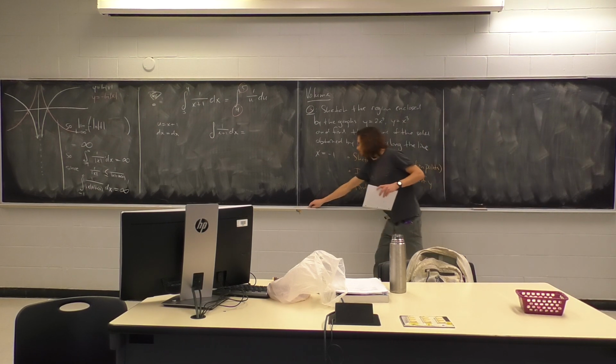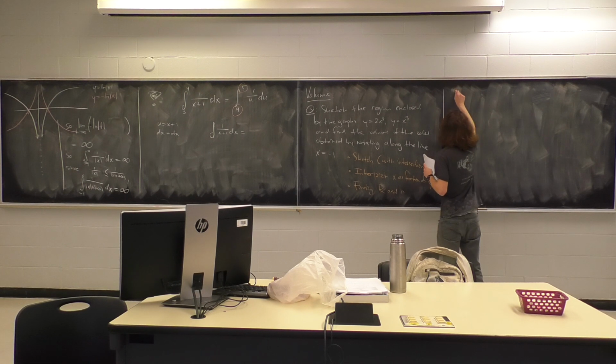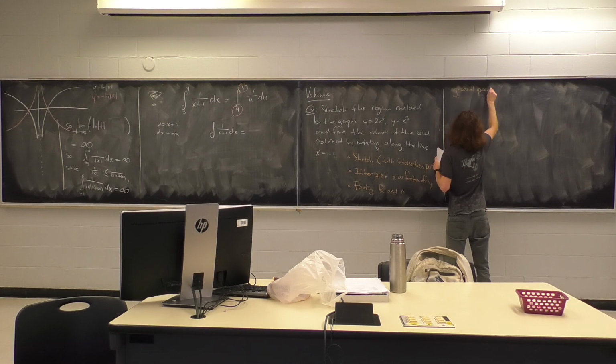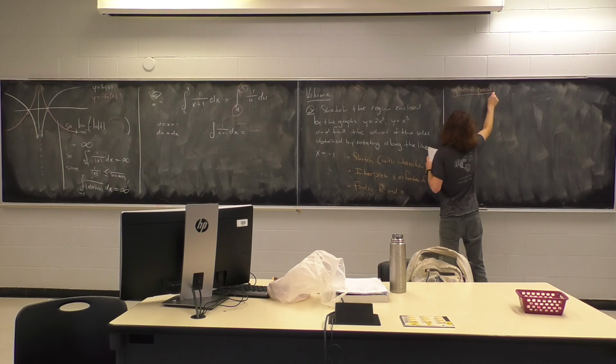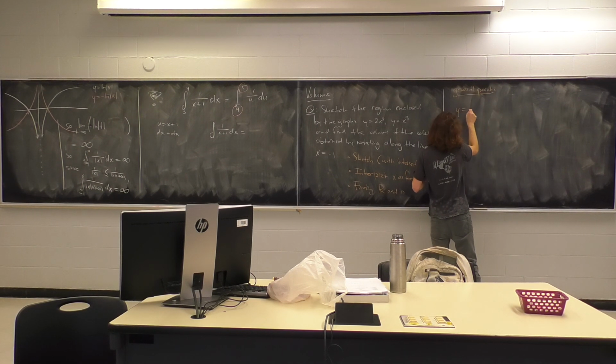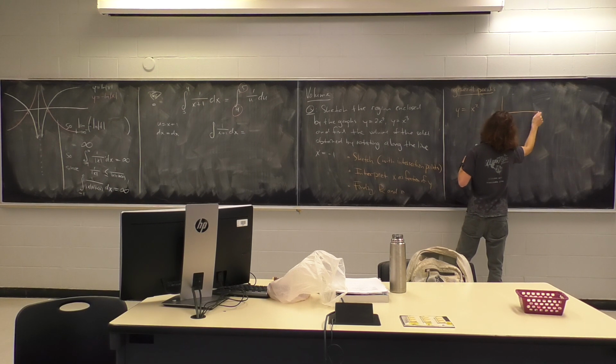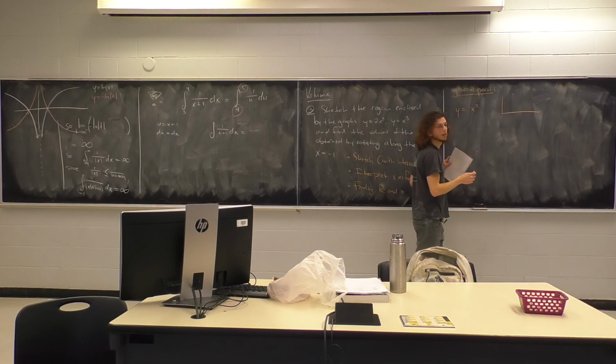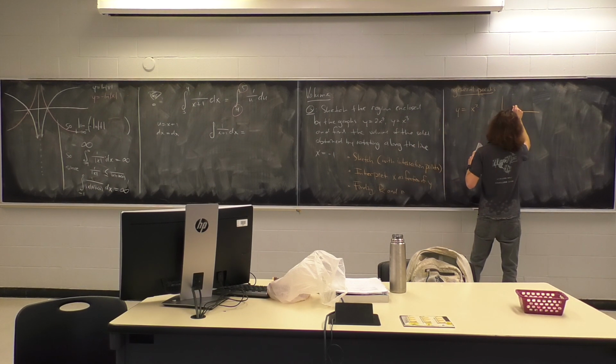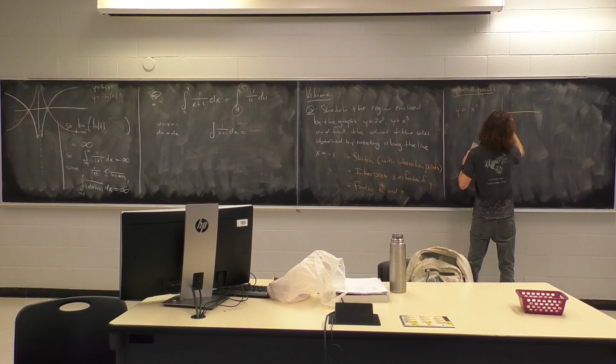So first, sketch. Some general points. If you look at y equals x squared in the right quadrant, it goes through the point 1, 1 and looks something like this.